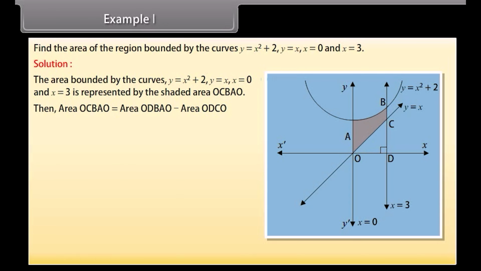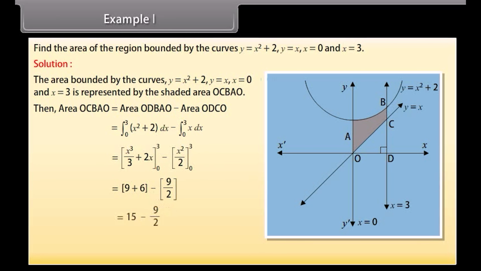Then, area of OCBAO is equal to area of ODBAO minus area of ODCO. Integral from 0 to 3 of x square plus 2 with respect to x minus integral from 0 to 3 of x with respect to x. By solving, we get 21 upon 2 square units.